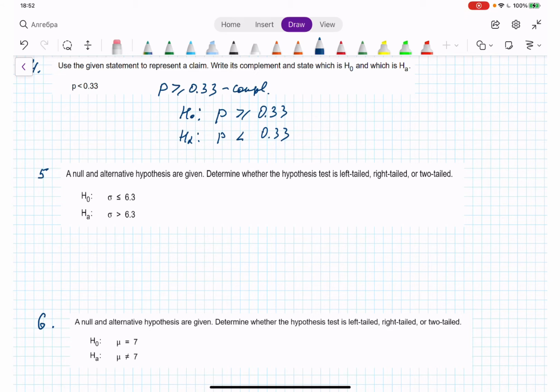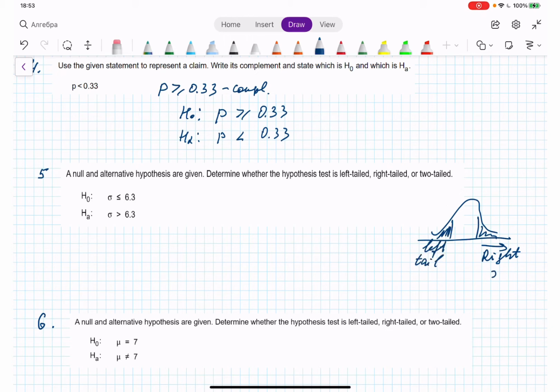In our case, the alternative hypothesis says greater, which means it's going to the right. If it goes to the right, then it's a right tail. If it goes to the left, meaning less, then it's a left tail.